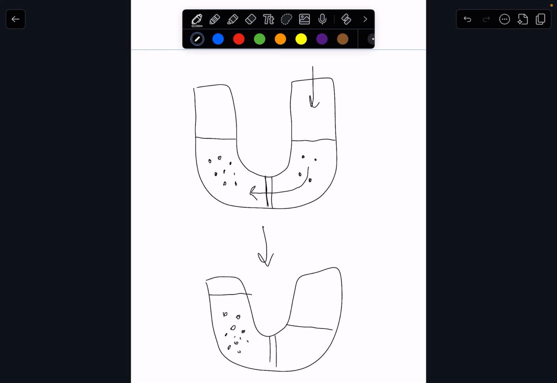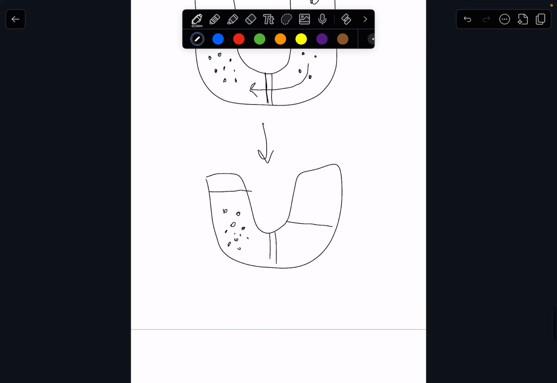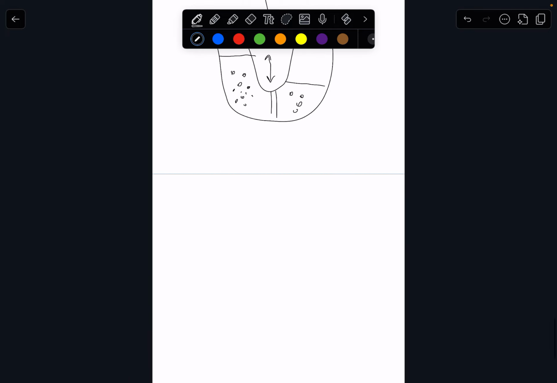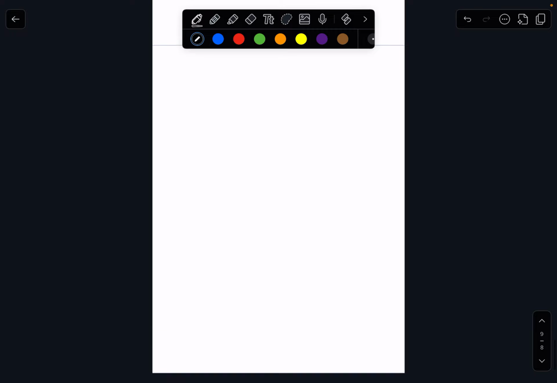So it reaches a state where pretty much the ratio between the water and the solute is equal to this side, and it creates a change there. So pretty interesting. Cool. So that's osmosis for you. Just a quick little lesson there.